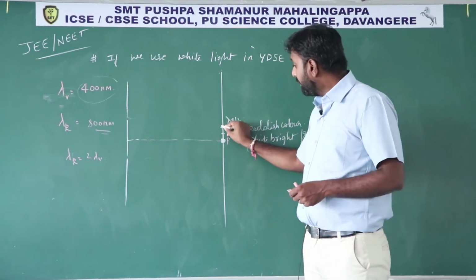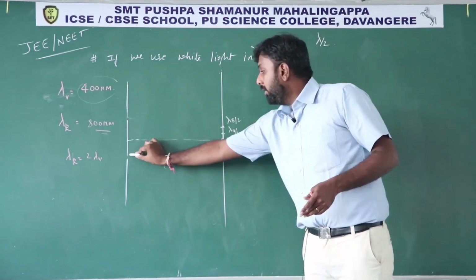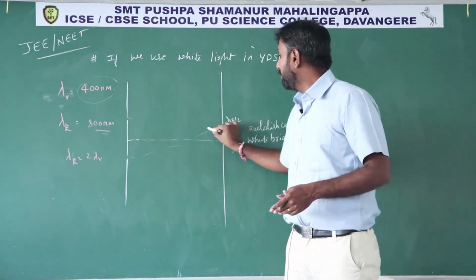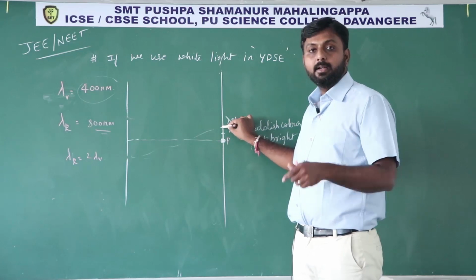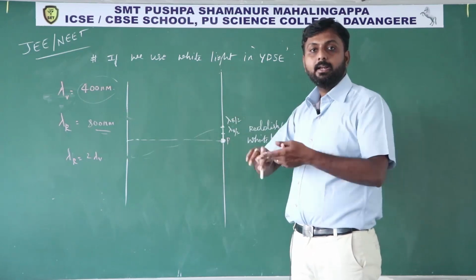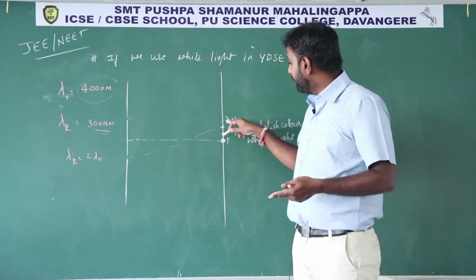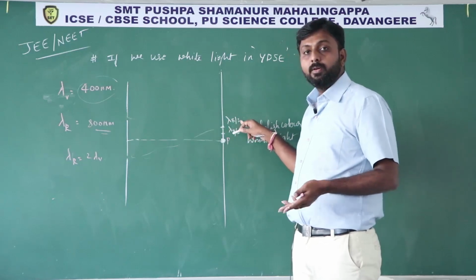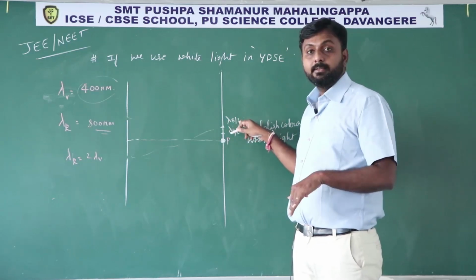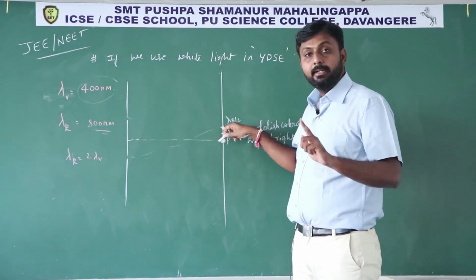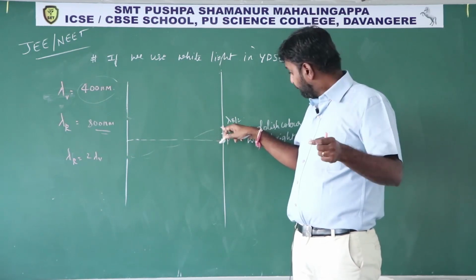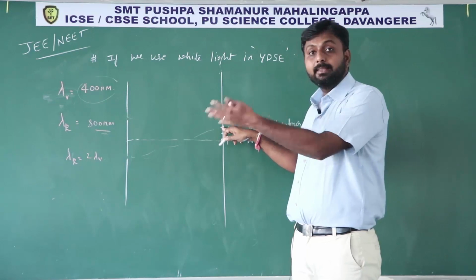At this point, two waves come and the red color interferes destructively, path difference is lambda by 2. So red color will be missing, but this point is not a dark fringe for other colors. Why?